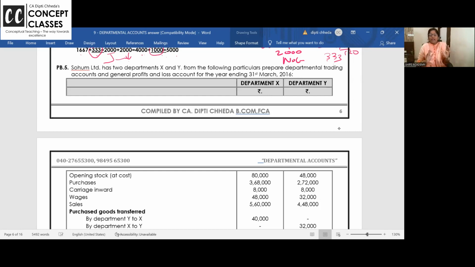For departmental accounts you need to know the logic. Okay, my stock is lying with you at loading, reverse the loading. Okay, but your closing stock, अभी जो मैं बता रही हूँ ध्यान से सुनो. I am transferring the goods. My stock is lying with you at profit. Ultimately, we are part of the same department. We are departments, but we are part of the same company.